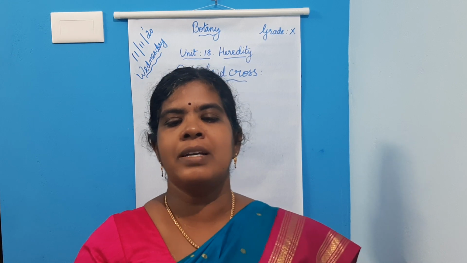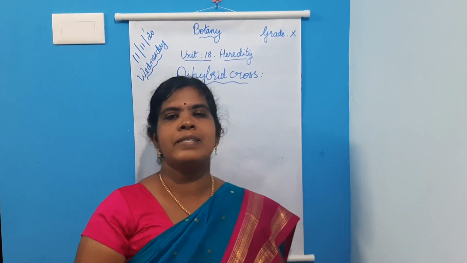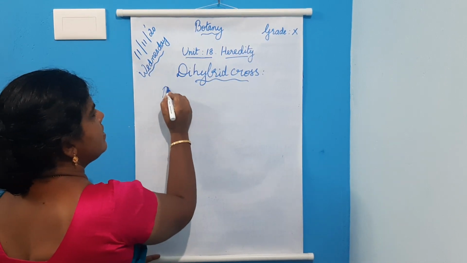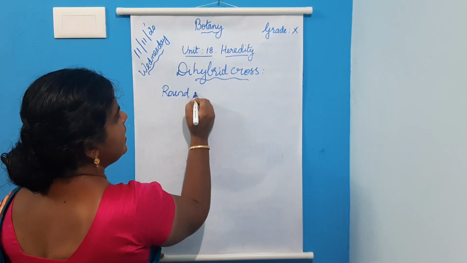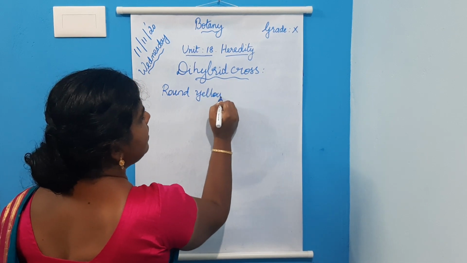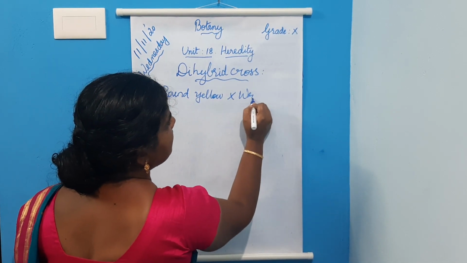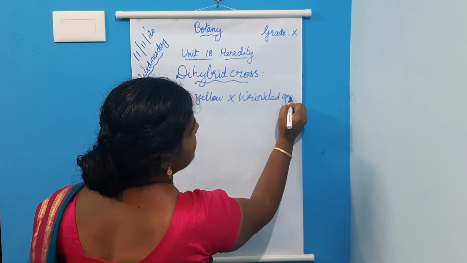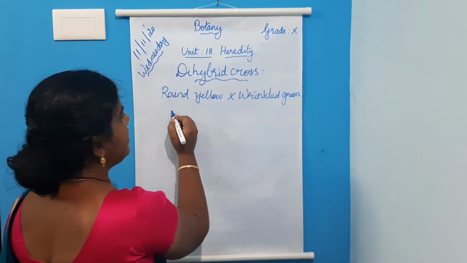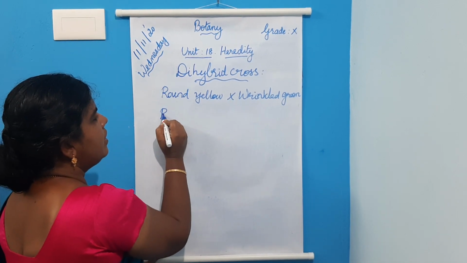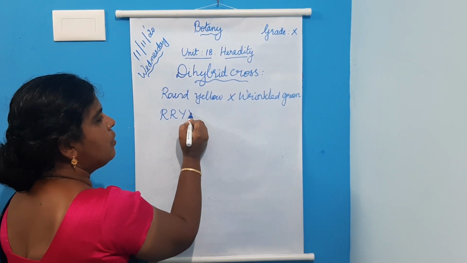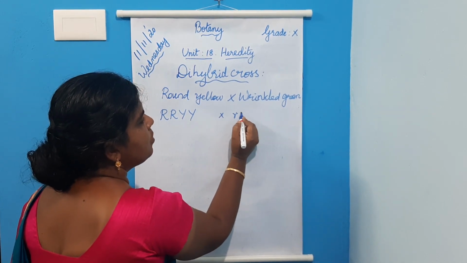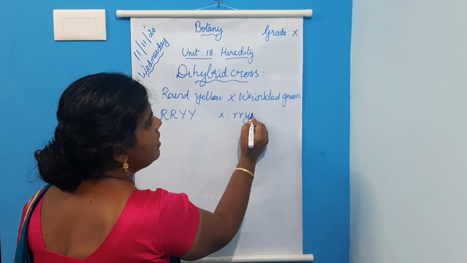He selected round yellow seeds and wrinkled green seeds. The round yellow seeds are represented by capital R, capital R, capital Y, capital Y. Green wrinkled seeds are represented by small r, small r, small y, small y.